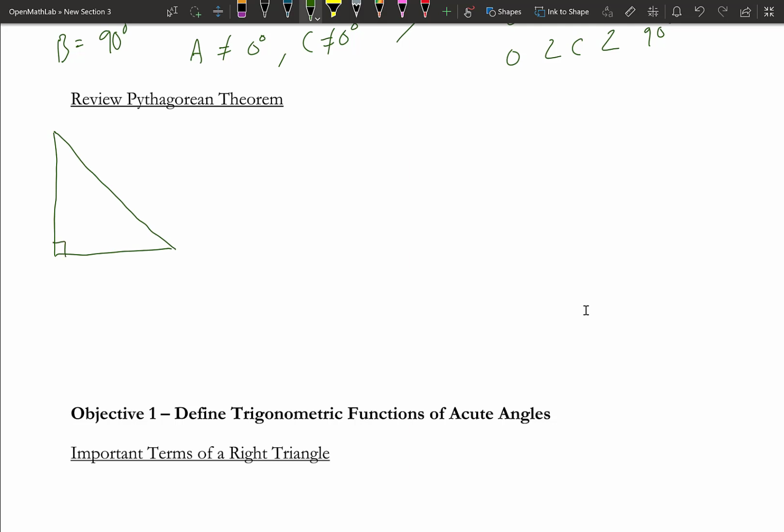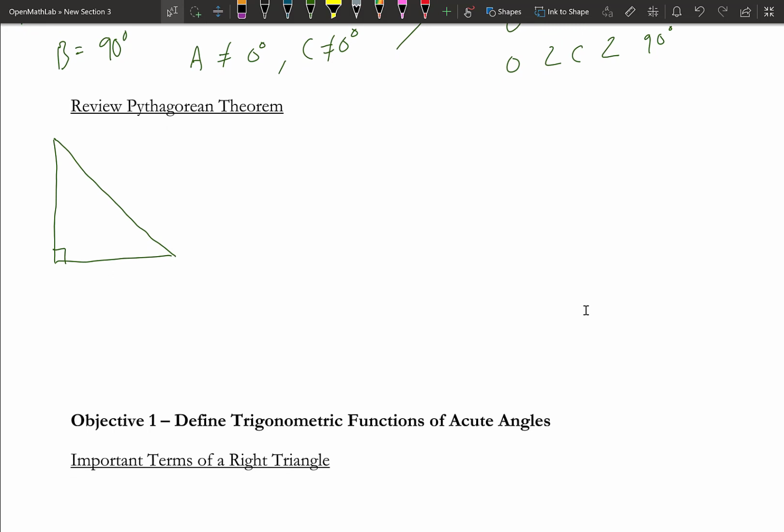The two sides that touch the 90-degree angle, we refer to as legs. So this is a leg, this is a leg, and the longest side, the side across from the 90-degree angle, we call the hypotenuse.